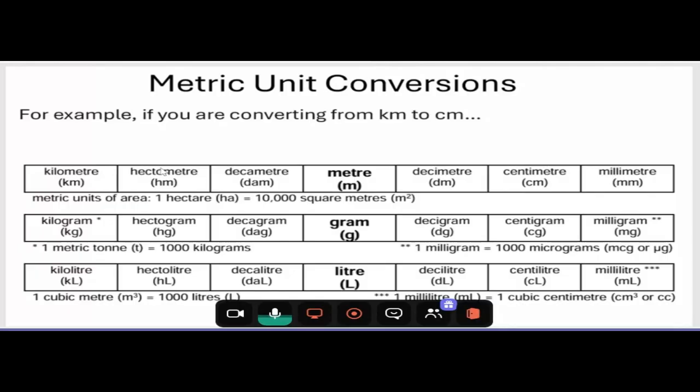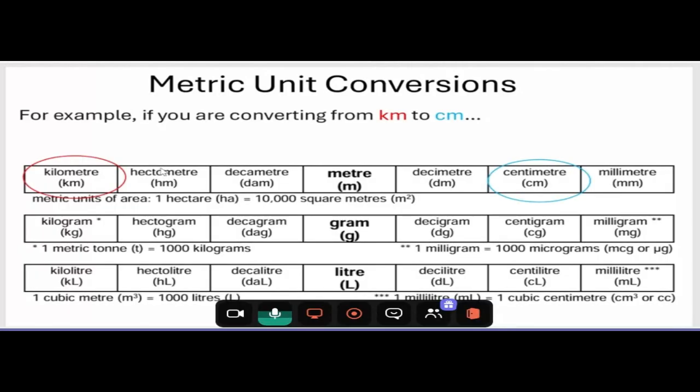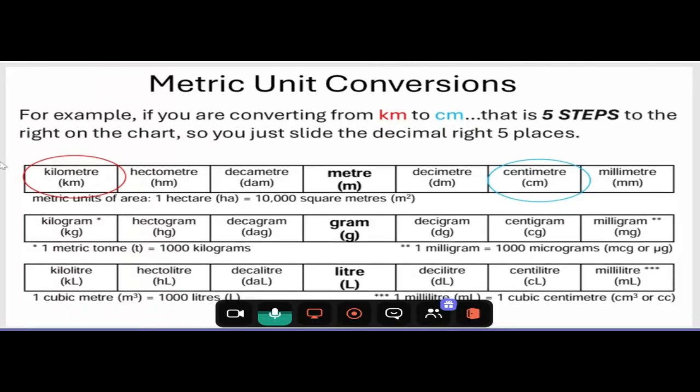If you're converting from kilometers to centimeters, there you go. You're starting at kilometers in red, and you want to convert into centimeters in blue. So you've been given, how many centimeters is 5 kilometers. For some reason, you want to know that, right? So you're starting with kilometers, you're going to centimeters. That means 5 steps to the right.